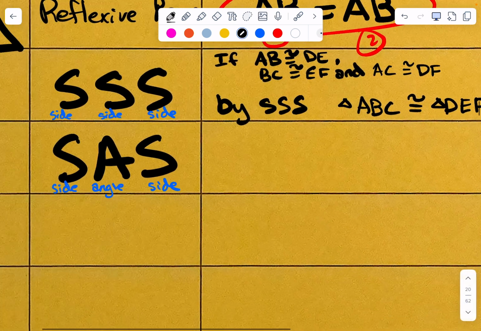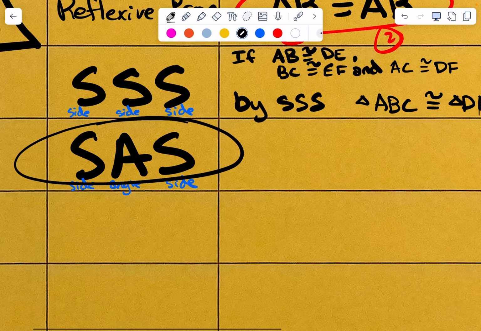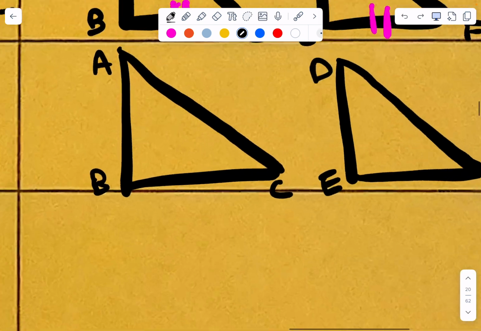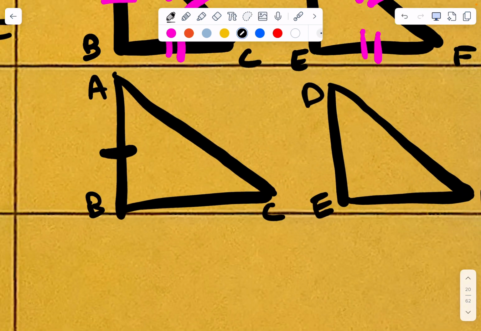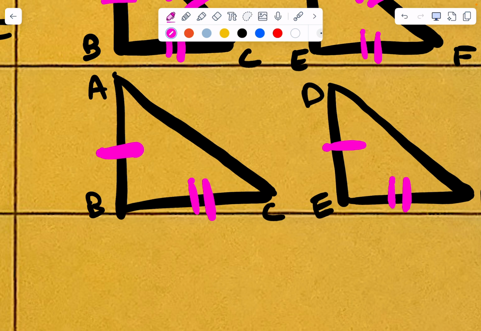But here, there's some specifics as far as side angle side is, okay? If I say this side matches this one, and this side matches this one, the angle that has to match has to be the angle between them, right? Otherwise, if I say this angle right here, that's ASS, angle side side.